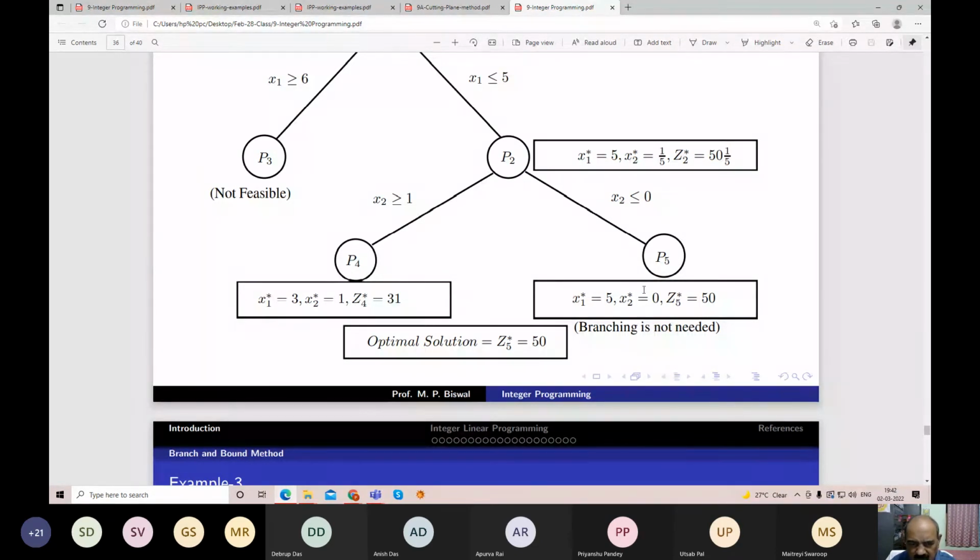The other gives x1 equal to 5, x2 equal to 0, z equal to 50. 31 and 50. What is the optimal solution? The optimal solution is 50, with x1 equal to 5, x2 equal to 0. Right?